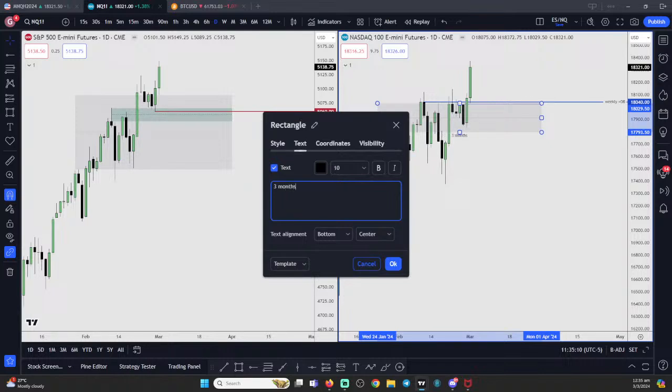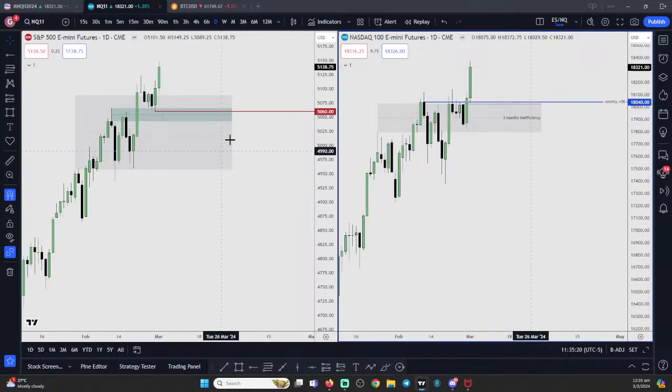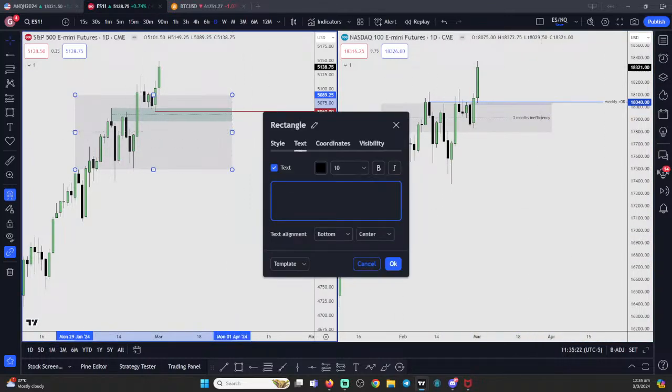Let's not use caps. Inside, right. Same thing here. 3 months inefficiency.